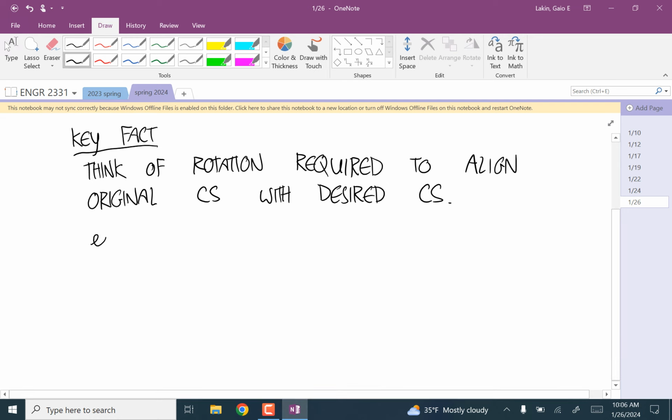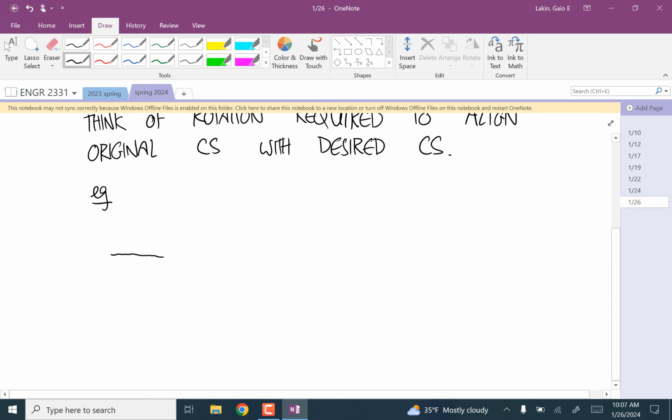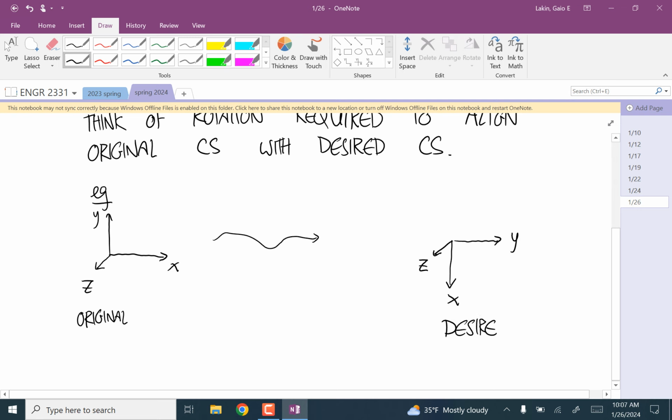Okay, so for example, if your original coordinate system is this, and your desired is this, what's that rotation that you're doing?